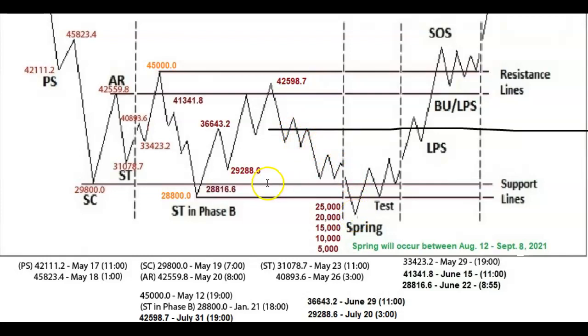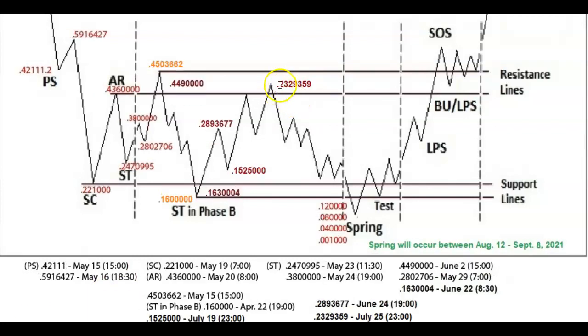But if you look at how this is laid out, if Bitcoin's 42,598.7, and then you go to Doge's chart, Doge was only at 0.2329359 this time, where it normally would have tracked around 40 cents or higher.